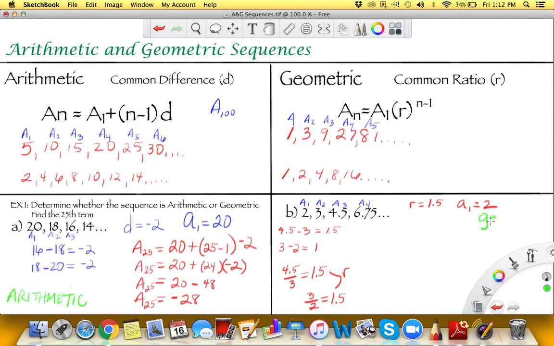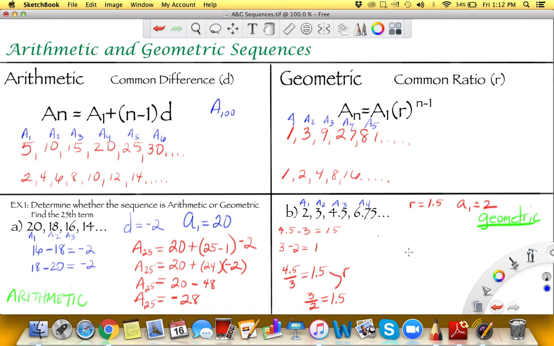So geometric, okay? So since this is a geometric sequence, in order to find the 25th term, we want to use this formula, okay? Now, when we use that formula, we have to plug this in.